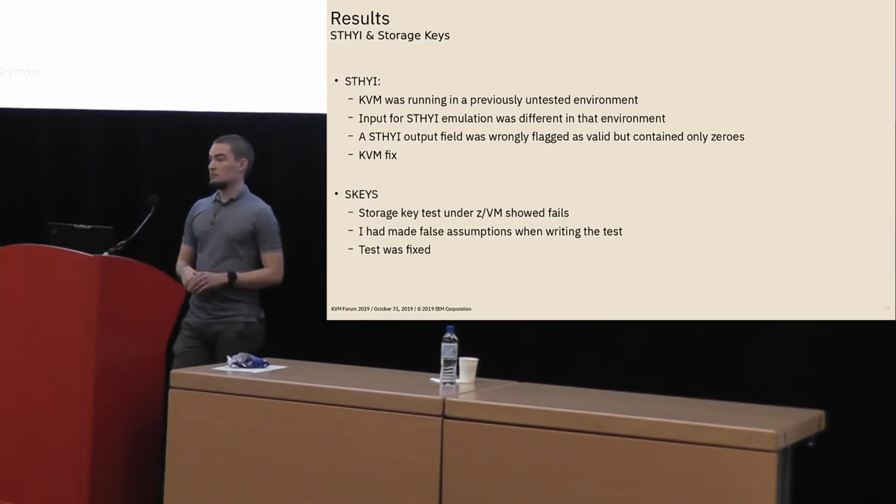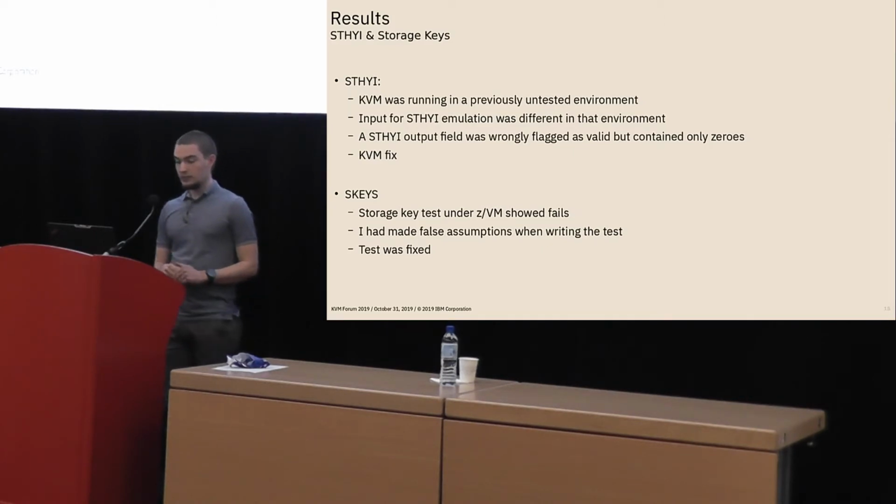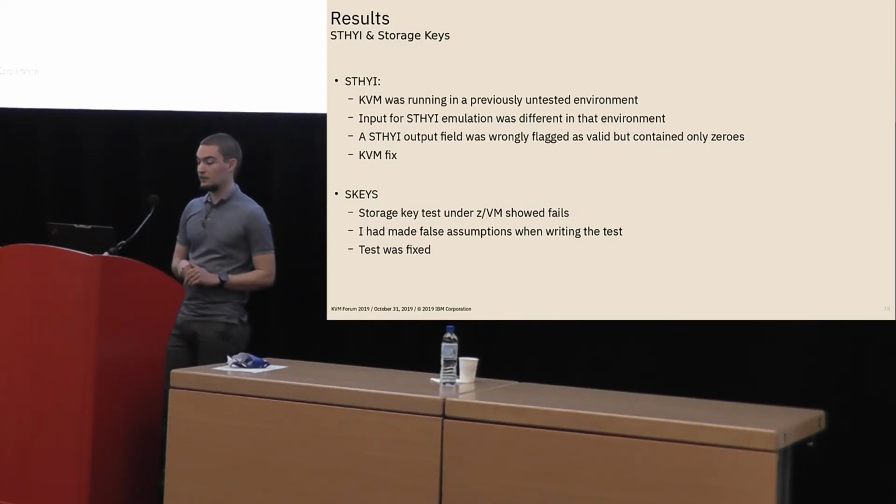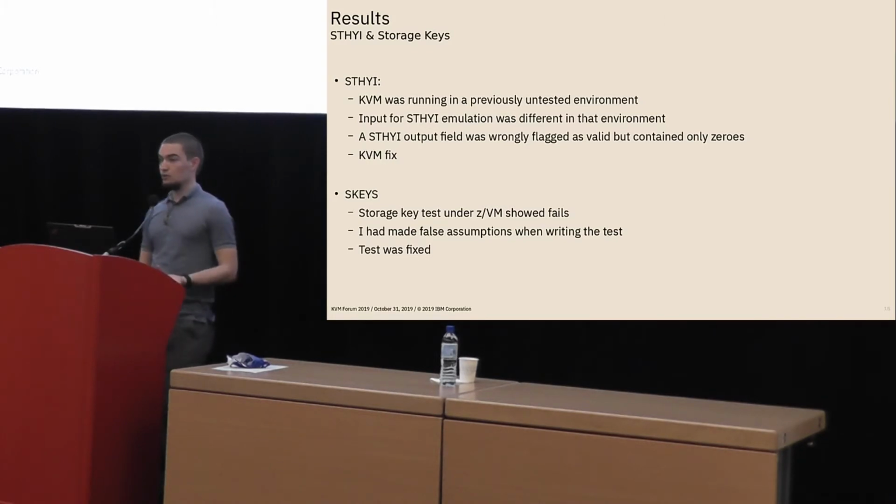I made some smaller changes, some smaller fix for the store hypervisor information instruction, which provides information about the environment the OS is running on. The test ran in a new environment which was previously untested.